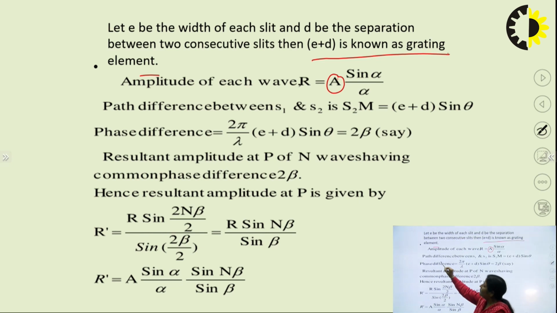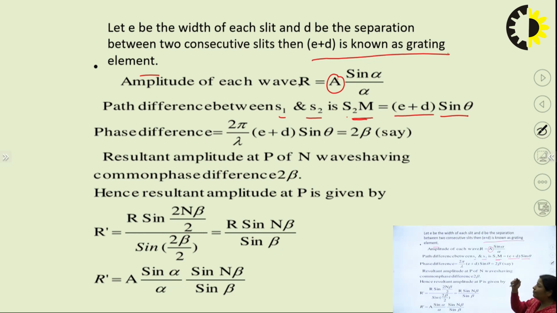And then we are having the role of the path difference, that is S1 and S2, that is slit 1 and slit 2. All right. So this is S2M. This S2M is to show the difference between the path which is traveled by the beams from S1 and beams from S2. Like we have already discussed, E plus D sine theta is the path difference between the first two consecutive slits.